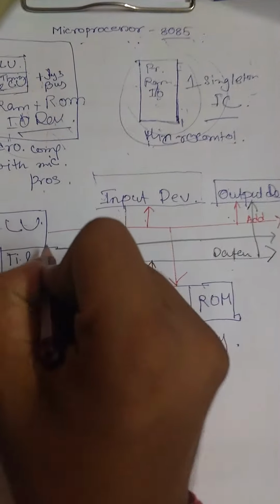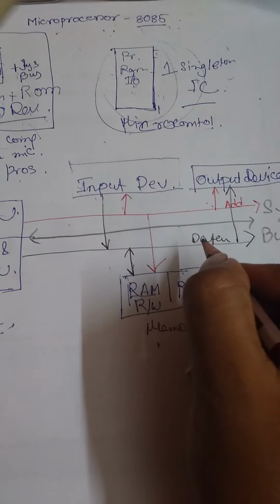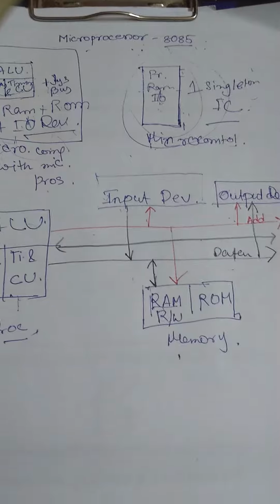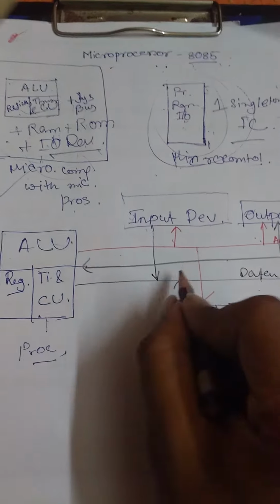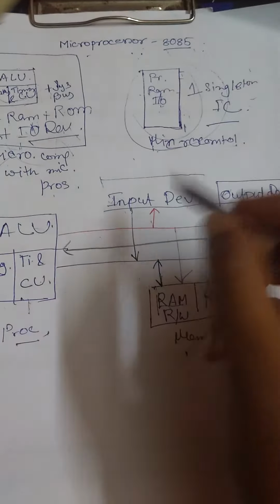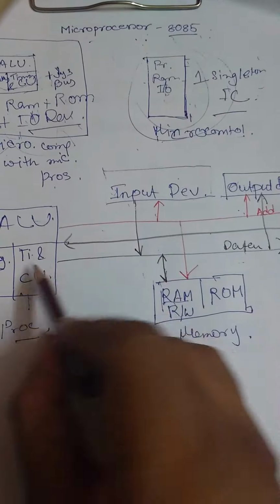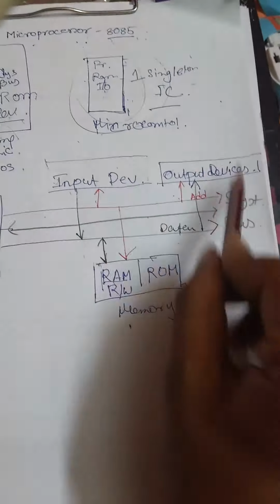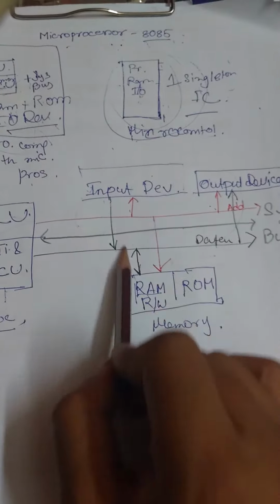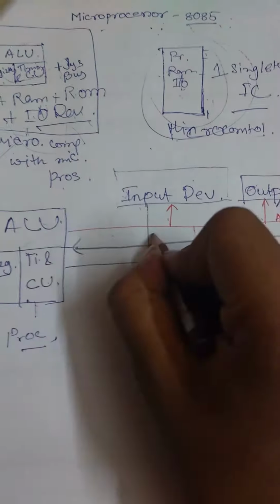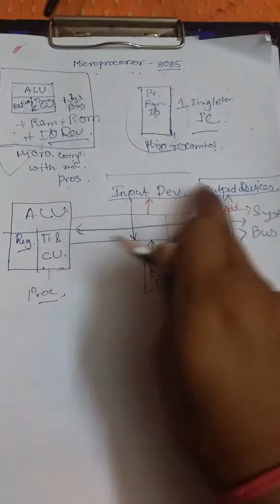Also, now we come to the control bus. So what is this control bus? Well, the control bus enables the timing signal so that the processor can communicate one by one, at one time, with the input device, the output device, or the RAM. The processor cannot communicate with all these at a single time. With each clock cycle, this processor will communicate with these peripherals.